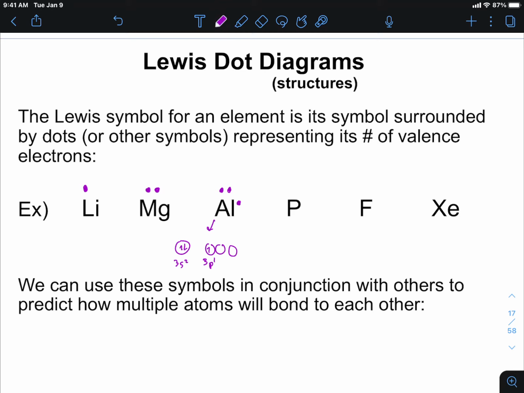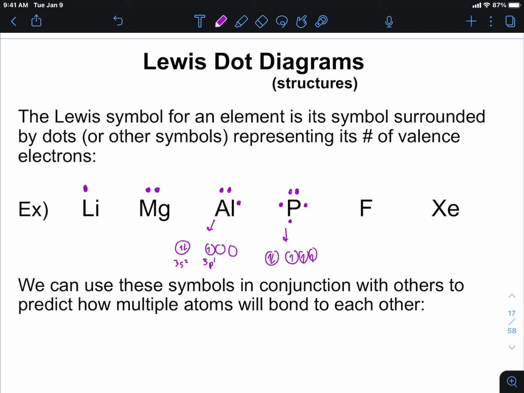Okay? So based on that logic, phosphorus has 5 valence electrons, and they're spaced like this. So when I place my electrons around phosphorus, we start with a pair on top, and then a single electron around each side. Fluorine.